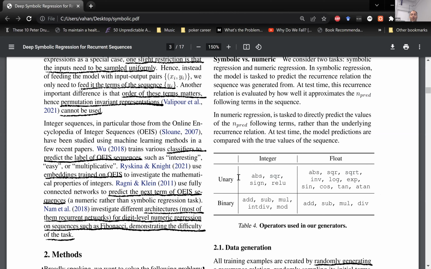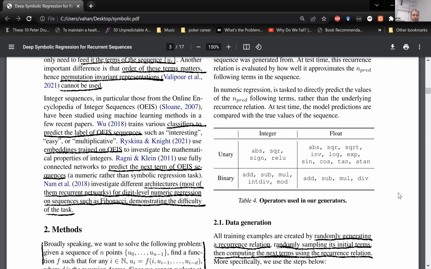Also, it's important that we define unary and binary operations, because unary takes only one input, like plus minus sign or absolute value and so on. But binary is with two elements. When they discuss the notation, this matters because we will build a tree, actually. We build a tree, and then it's a unary-binary tree. There is another paper that studies those in more depth.